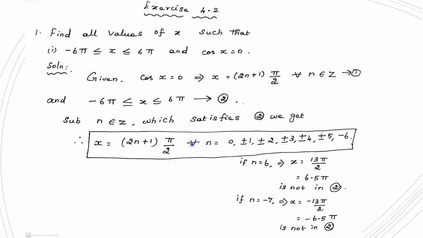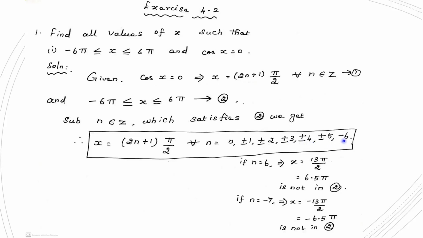Okay. We get x equal to 2n plus 1 into pi by 2. For n equal to 0 போட்டோம் அப்படின்னா we will get pi by 2 alone. That must be lies between these two. Next plus or minus 1 means at that time also that value must be lies between these two. Similarly plus or minus 2, plus or minus 3, plus or minus 4, plus or minus 5.